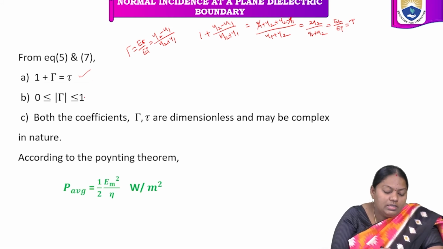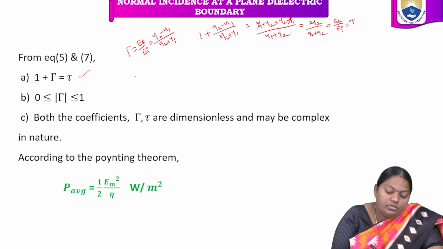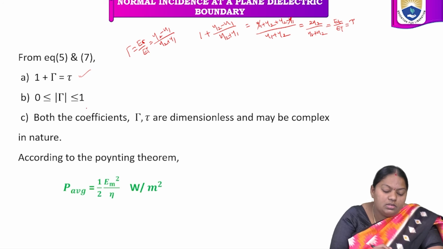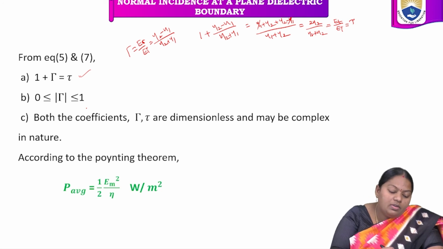One more relation: 0 is less than or equal to modulus of gamma, which is less than or equal to 1, meaning the reflection coefficient gamma ranges from 0 to 1, right? Generally the range of the reflection coefficient is from 0 to 1, and we write the modulus because gamma is basically the ratio of minus ER to EI.